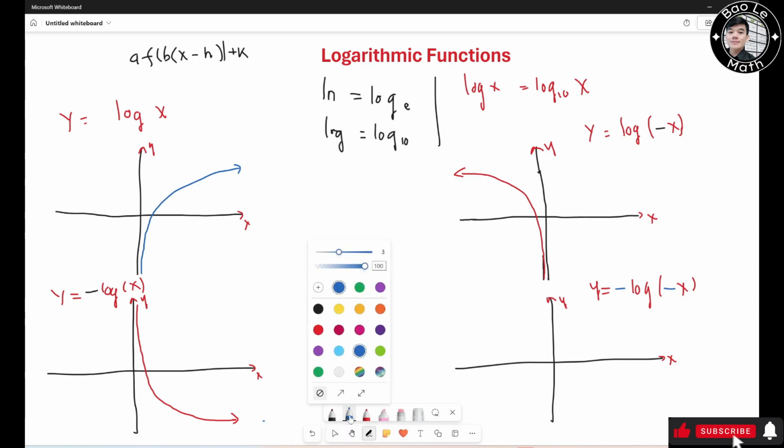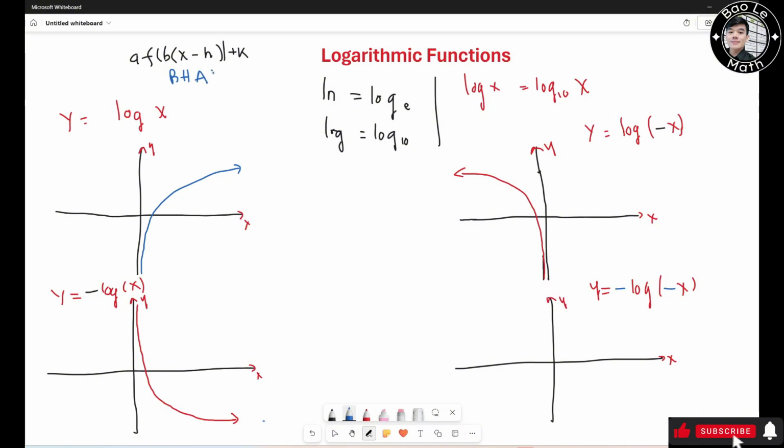Alright, so based on the transformation rule, we need to do B, H, A, K. So we need to do the horizontal dilation first. So we need to reflect the original function right here over the y-axis first, because you multiply the input by -1. So I reflect over the y-axis.